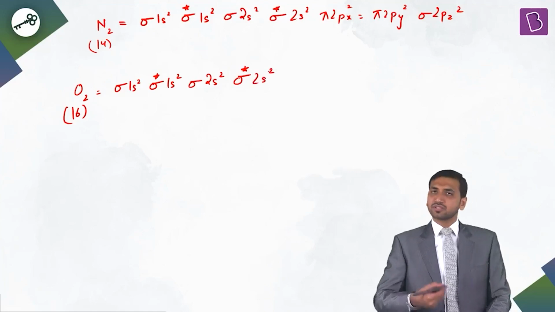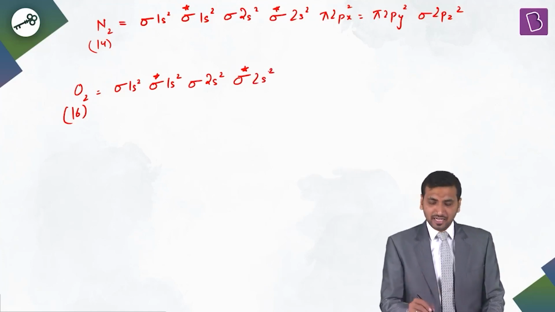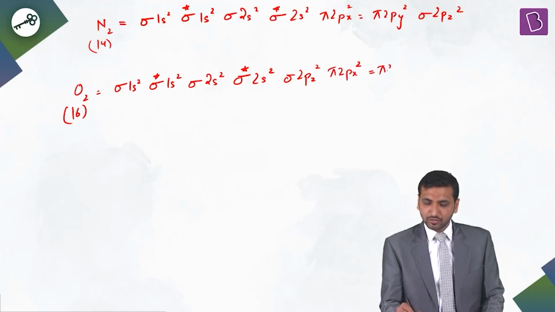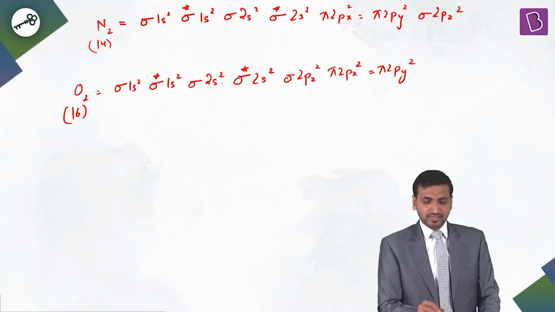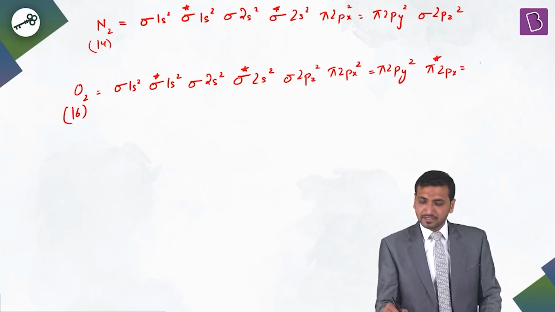Now because it is more than 14 electrons, there will be no sp mixing, and we have sigma 2pz2, pi 2px2 is equal to pi 2py2. Till now you have 2, 4, 6, 8, 10, 12, 14 and 16 you want. So pi star 2px is equal to pi star 2py.